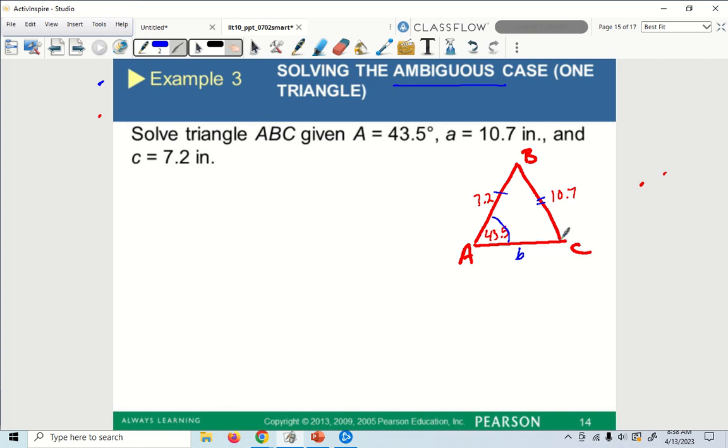We have to solve for big C, because I don't have enough information to solve for anything else, because little c is over here, right? So I'm going to start with my A's. It's going to be 10.7 over sine of 43.5 is equal to little c, which is 7.2 over sine of big C.